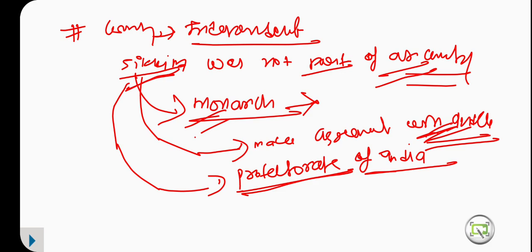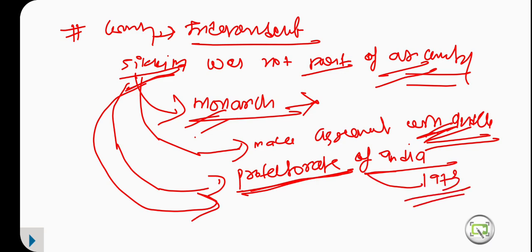What does protectorate mean? Protectorate means when a small country or small political entity, a weak country, is protected by a strong nation, either diplomatically or militarily.